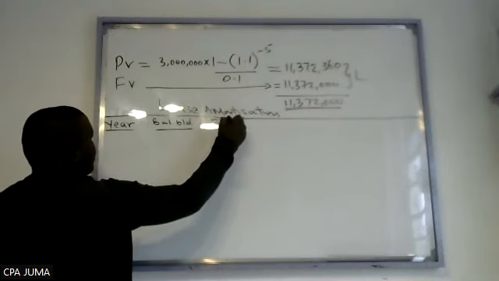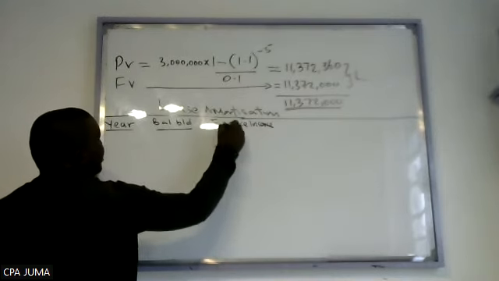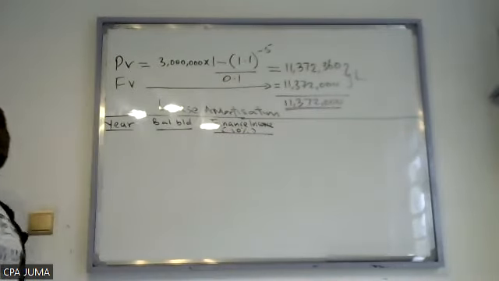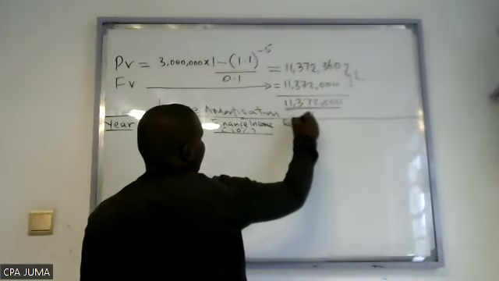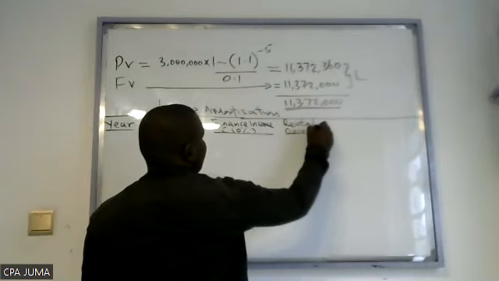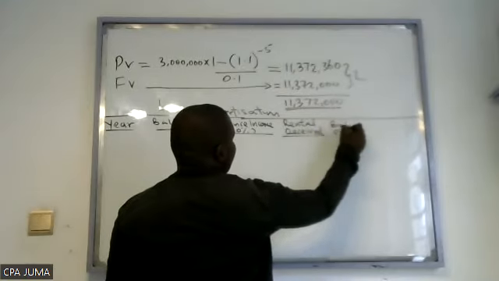Finance, now we talk of finance income, 10%. We are in the books of the lessor, so we talk of finance income. Then rental received, or rent received. Balance carried down.